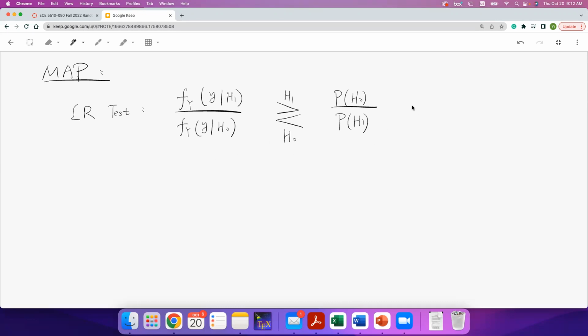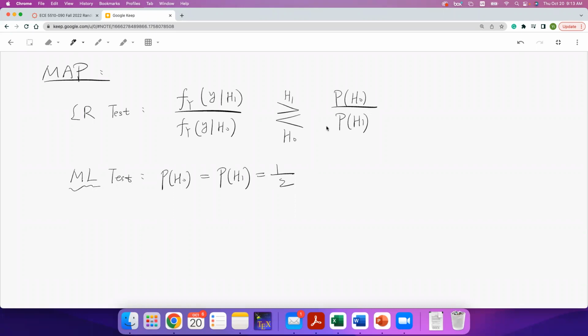And in some cases, if this threshold equals 1, if these two prior probabilities are equal, then we call that the maximum likelihood test.